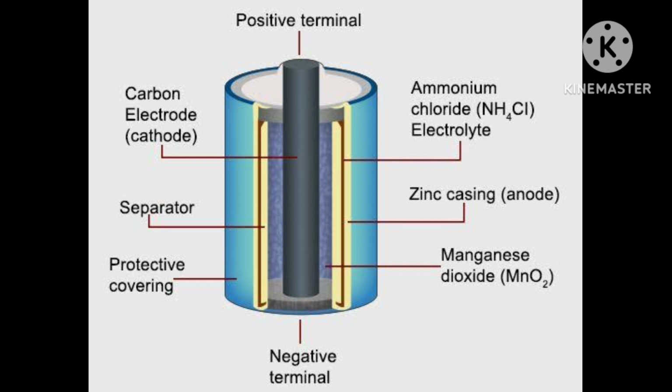At the anode, Zn solid, in the form of the container, will oxidize and give Zn2+ plus 2 electrons. That is oxidation.